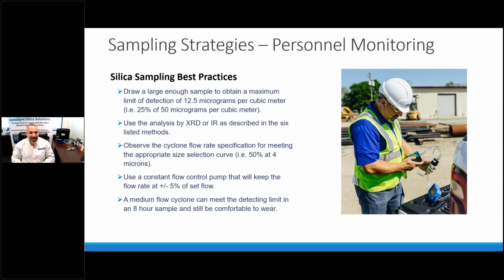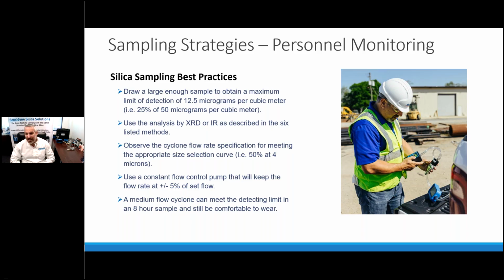So some best practices to consider is drawing a large enough sample to obtain that limit of detection, using the analysis through XRD or IR as described in those 6 methods. Observe the cyclone flow rate specification for meeting the appropriate size selection curve.